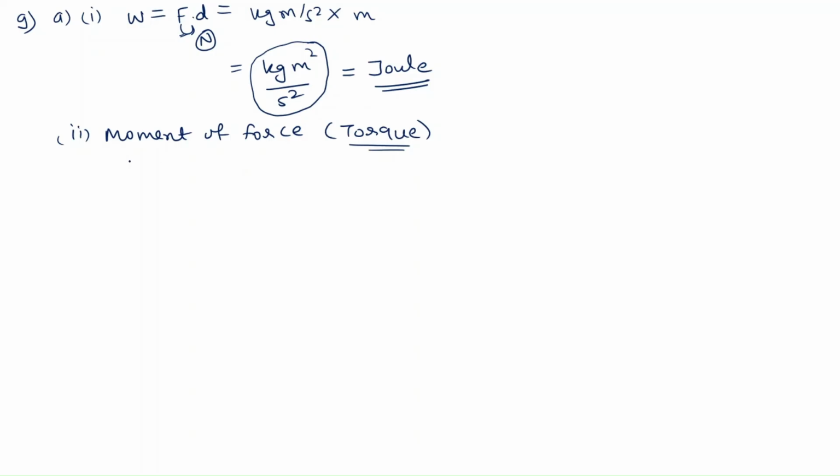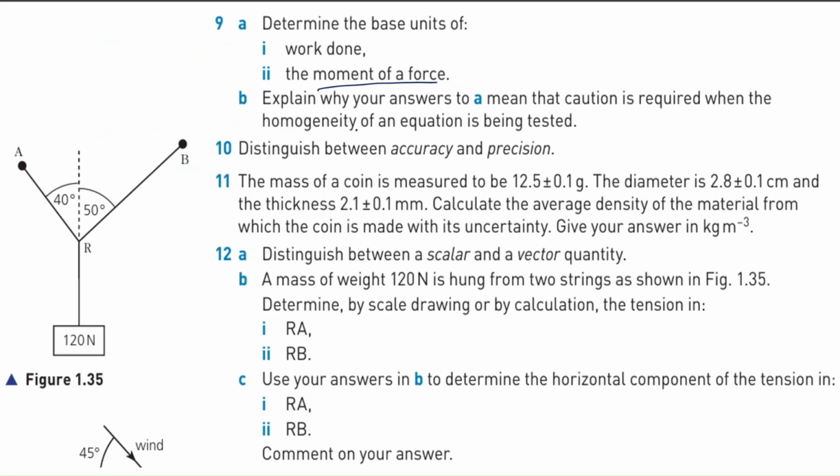Now torque is also given by F into D. So this equation and this are the same, and we get the same SI base unit. So we got the SI unit of work done and moment of force, which is called torque. So we are done with this question.